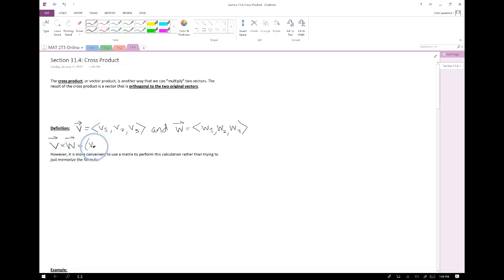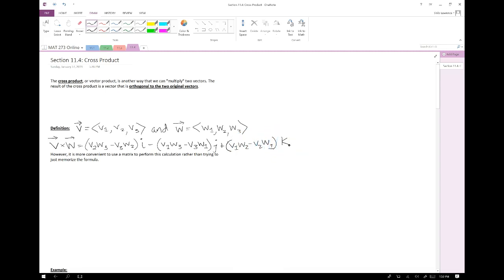We are going to calculate V2 W3 minus V3 W2, and that will give us the I component. And then subtract V1 W3 minus V3 W1 to get our J component. And then the last term is V1 W2 minus V2 W1, and that is our K component.